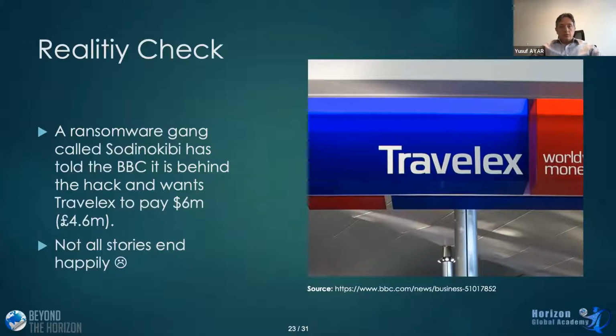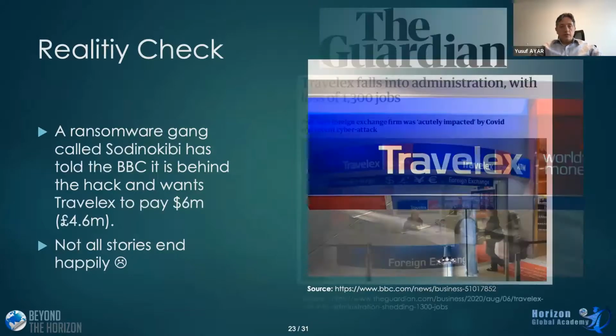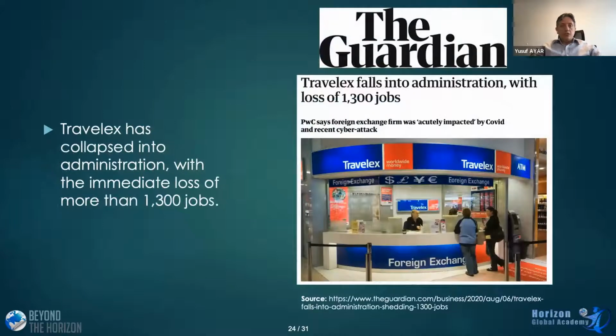But of course, not all stories end happily. What happened? Reports estimate that the attack ultimately cost the firm almost $30 million, with 2.3 million reported paid in ransom. Although they paid the ransom, they couldn't get their data. Travelex in the end filed for bankruptcy and collapsed into administration.